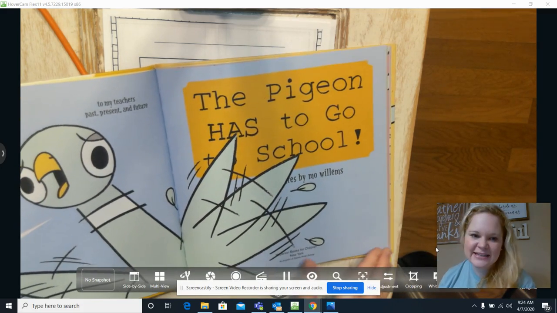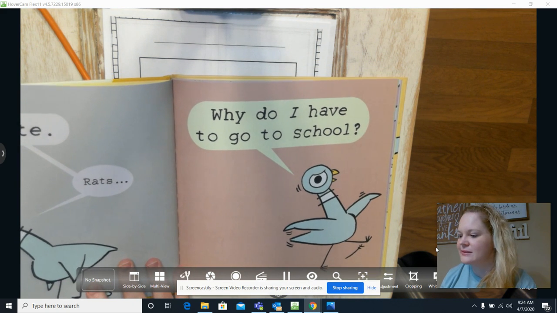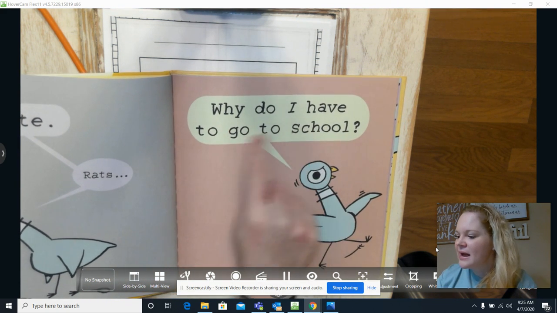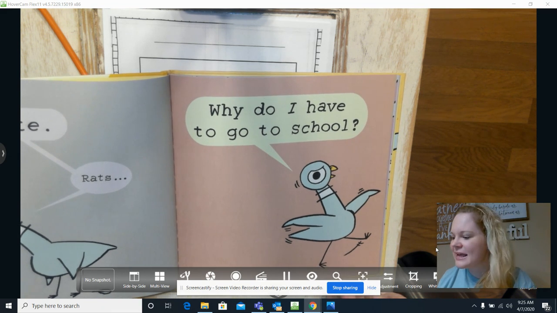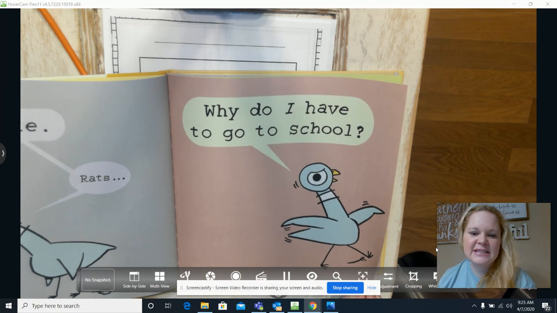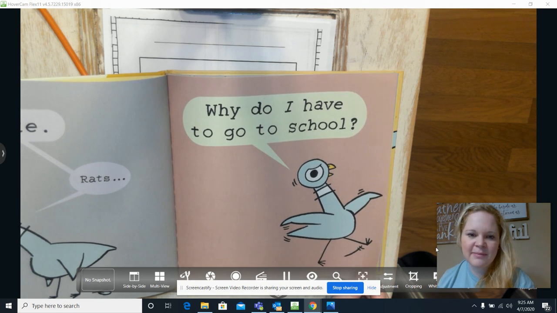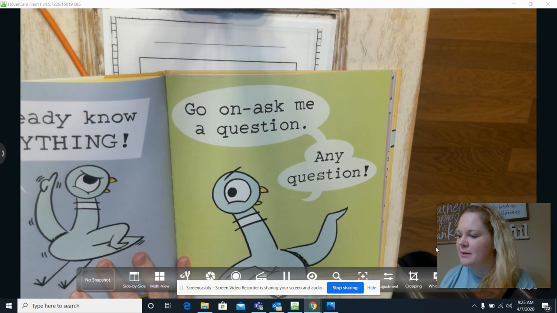He does a fantastic job with his illustrations and with his speech bubbles. "Why do I have to go to school?" Doesn't that really show a lot of expression? And you can read his emotion by the picture and by the words that he's written inside of this speech bubble.